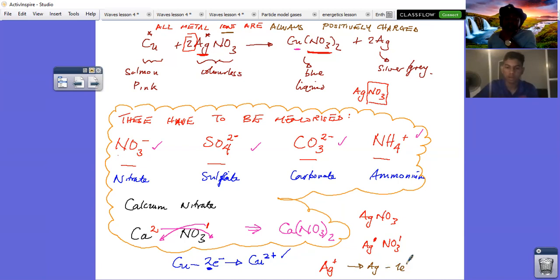You could write it like this with e minus, you're right, absolutely, or just think about what's happening. I have an ion of silver, Ag plus. If this receives 1 electron, because initially to form Ag plus it had lost an electron, I've got to give it back. It's almost thinking about it in reverse.